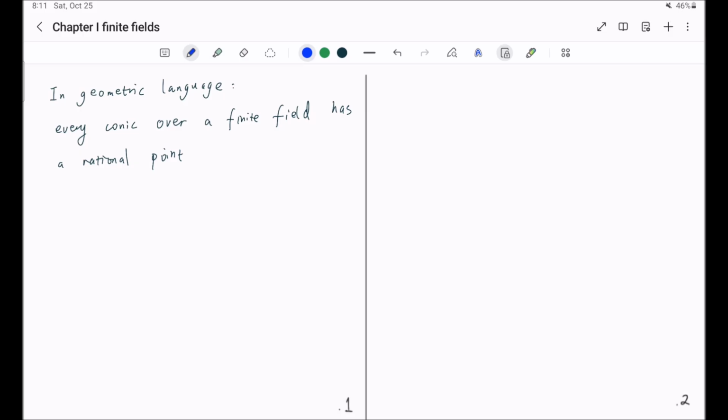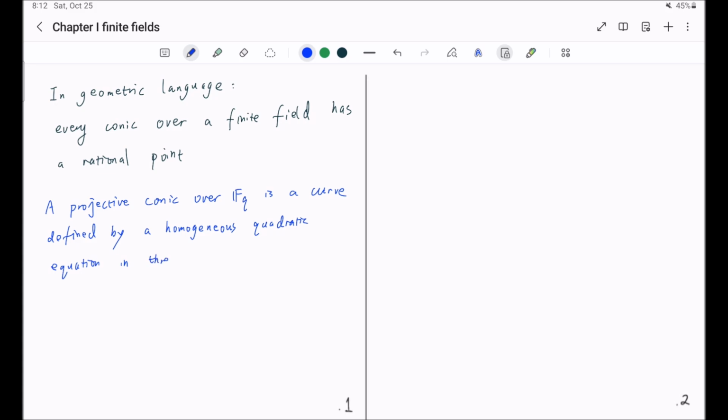A projective conic over a finite field F_q is a curve defined by a homogeneous quadratic equation in 3 variables. Explicitly, it takes the following form, where these coefficients are from the finite field F_q.